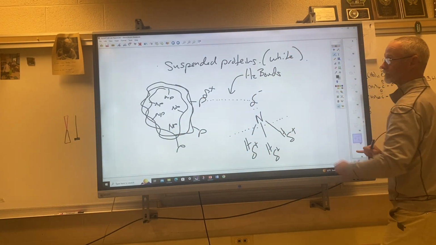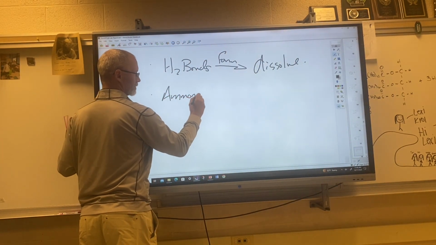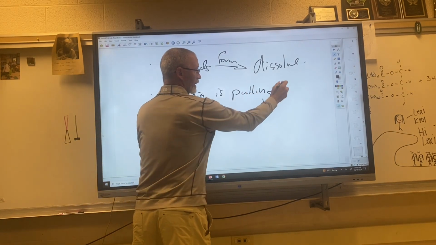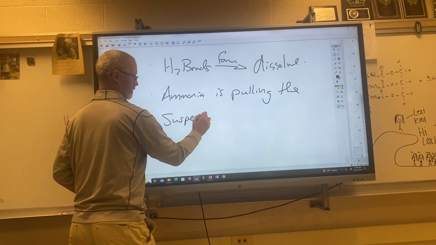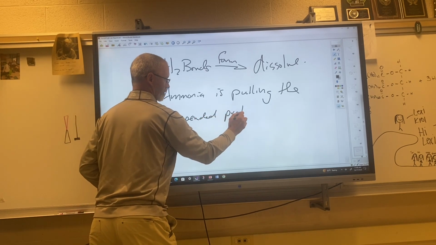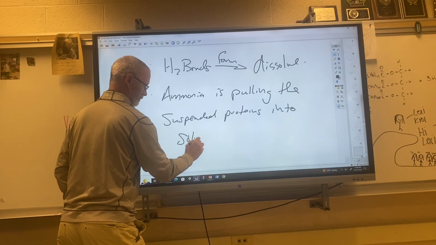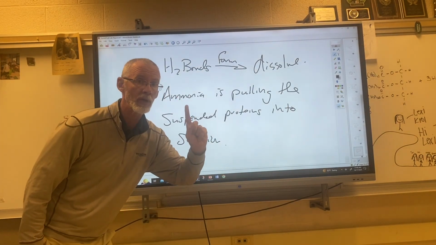Into the ammonia. The ammonia is pulling, through hydrogen bonding, the suspended proteins into solution with the ammonia, not the milk.